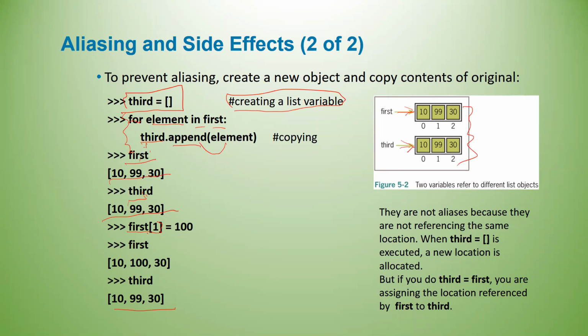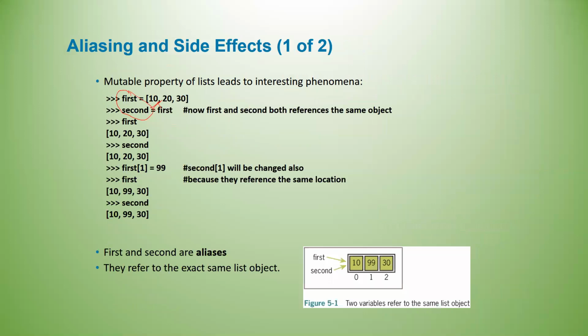Yes, everybody, you understand this, right? This is to prevent aliasing, because aliases are referencing the same thing. So if you want to separate them, you need to copy each element one by one into another list. You cannot simply say this list is equal to that list.